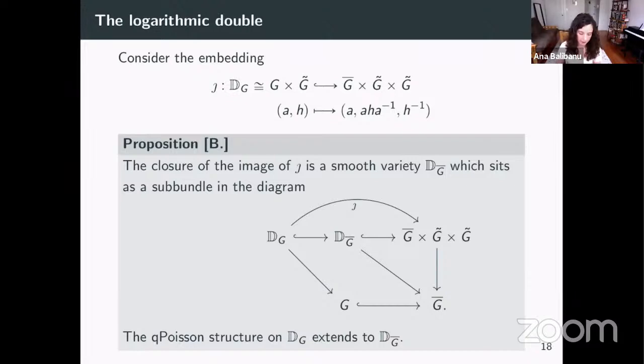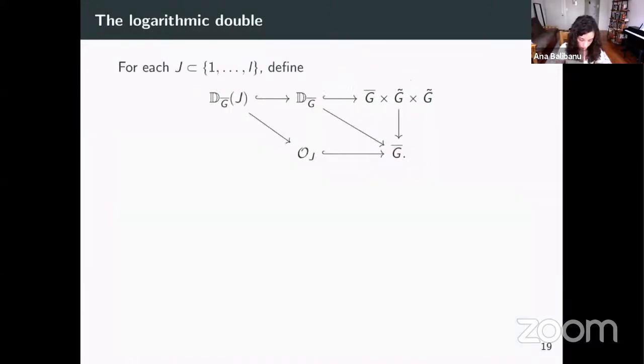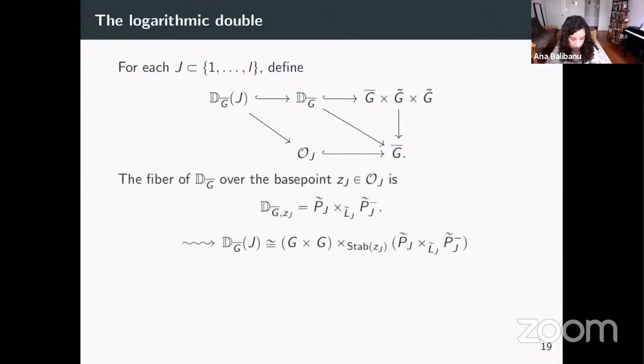I'll say very explicitly what this thing, which I've been calling the logarithmic double, actually looks like. Again, when we ask what the fibers are, we're really looking at its pullback to every G cross G orbit in the boundary of the wonderful compactification. And the statement is that the fiber over this distinguished base point of the orbit indexed by J is exactly the product of parabolic subgroups over the Levi that integrates the fiber of the log cotangent bundle.